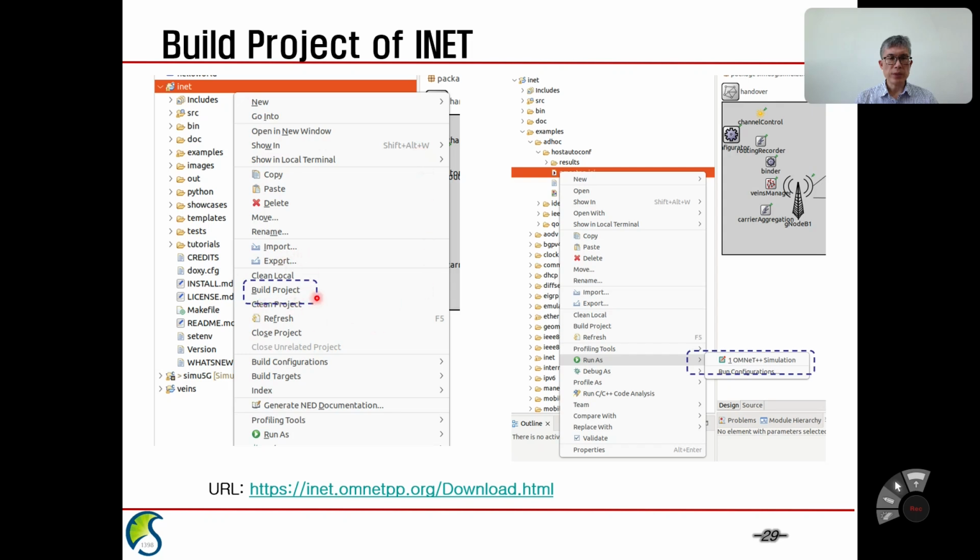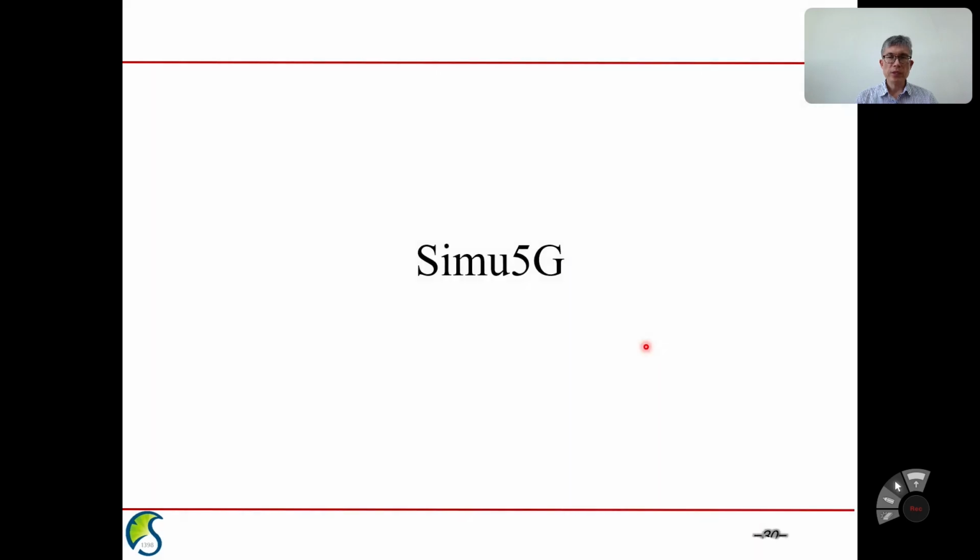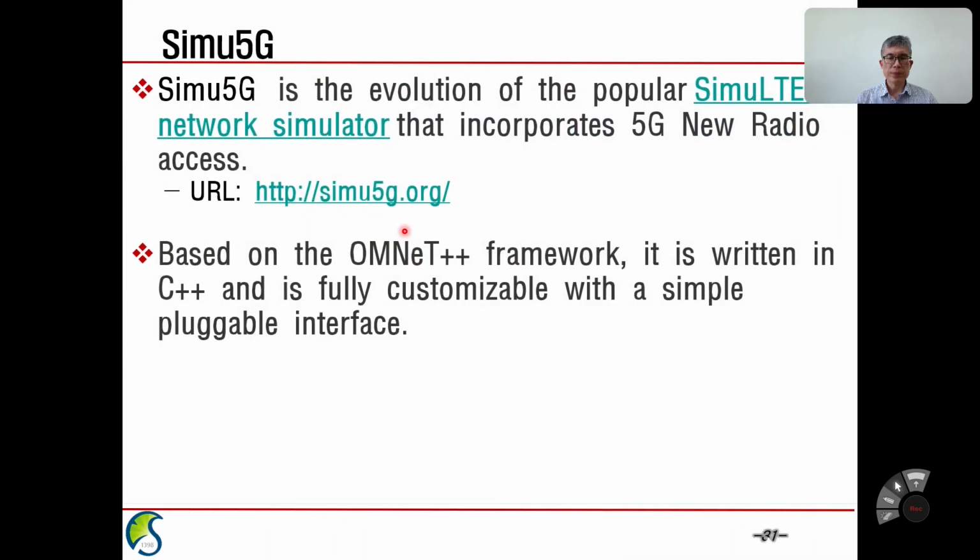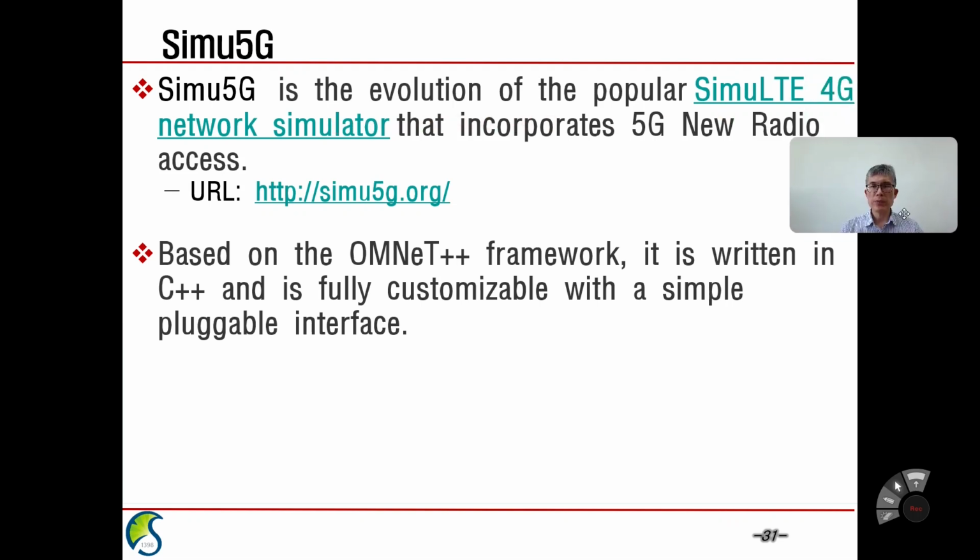So you import this one, and then you can run a simulation and make INET binaries. And then Sim5G is for simulation of 5G networks. Sim5G is the evolution of the popular SimuLTE 4G network simulator that incorporates the 5G New Radio (NR) access.